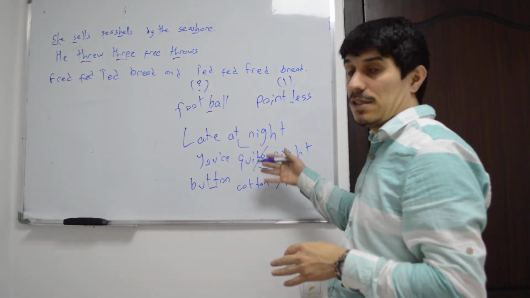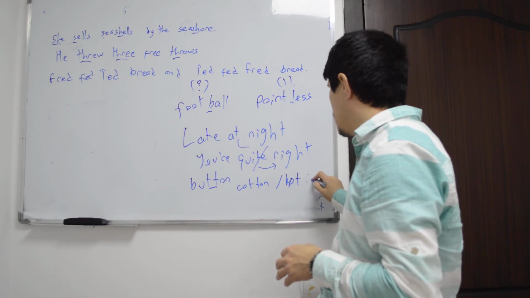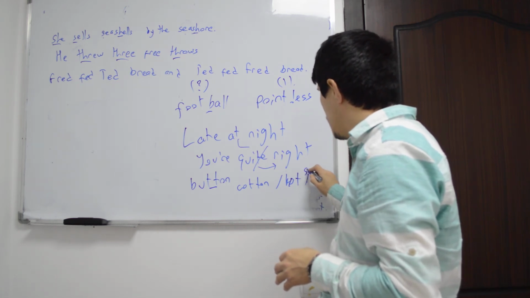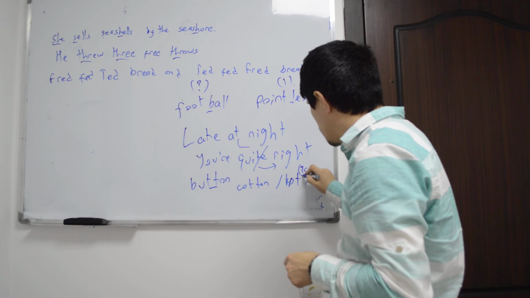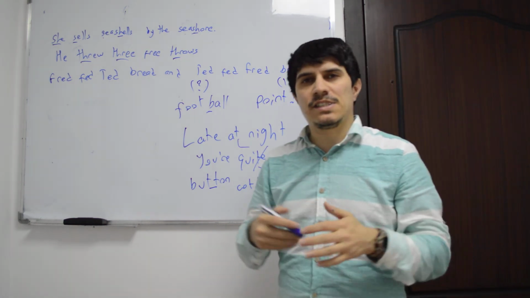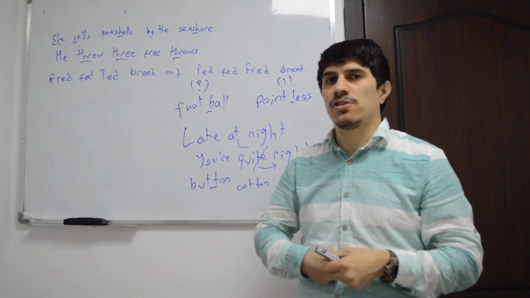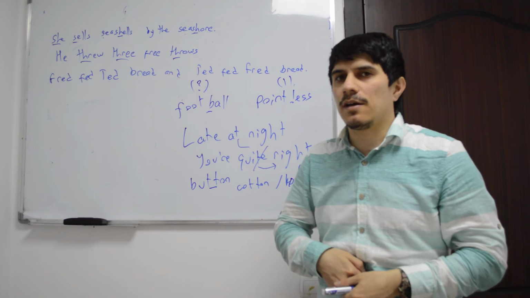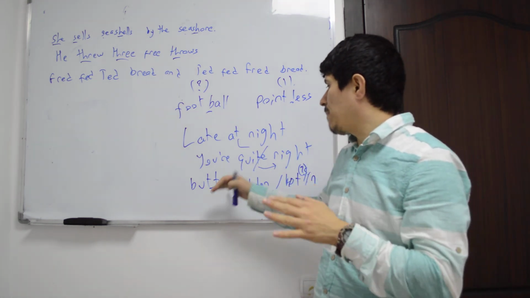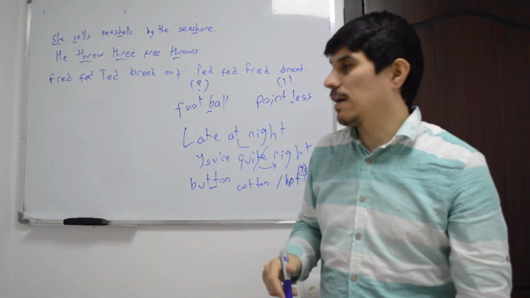Cotton, cut, and then let's use this sign here. Cotton or button. It just seems like you received a punch from your stomach, and then you say ah. So button, cotton. This is how you're going to say it.